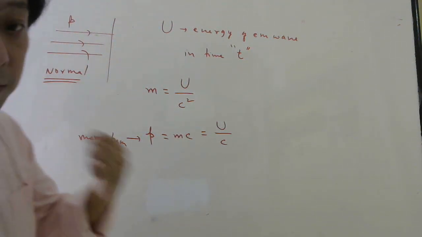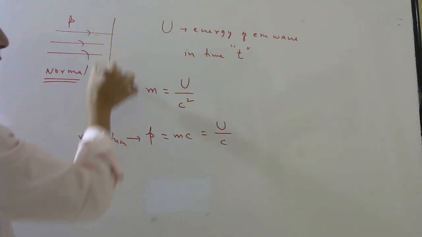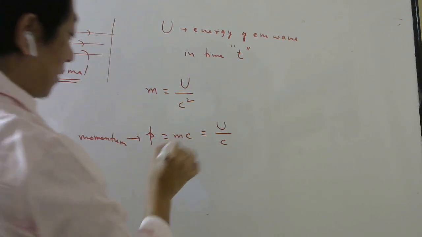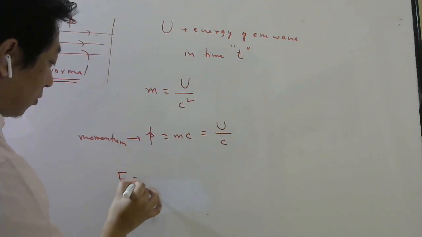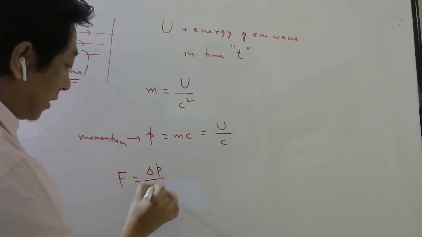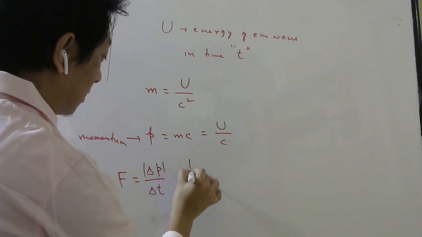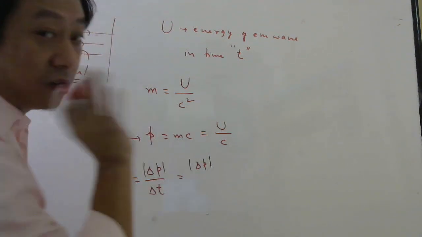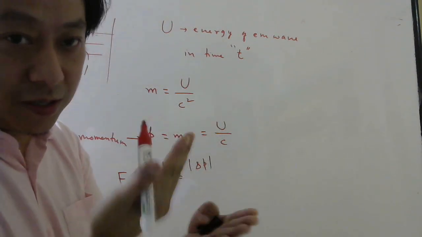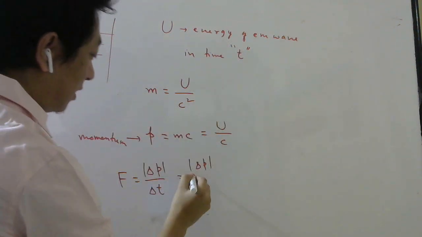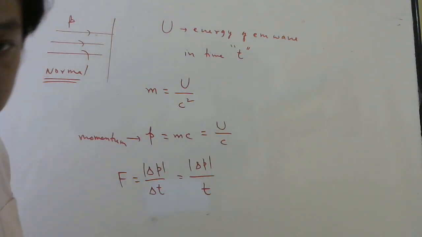Now there are multiple cases depending on what kind of surface it is. Before that, force will be what? Force will be change in momentum by time taken. And time taken here is the time for which the radiation falls, because during that time momentum is transferred. So the time I have written t already. Correct or not?